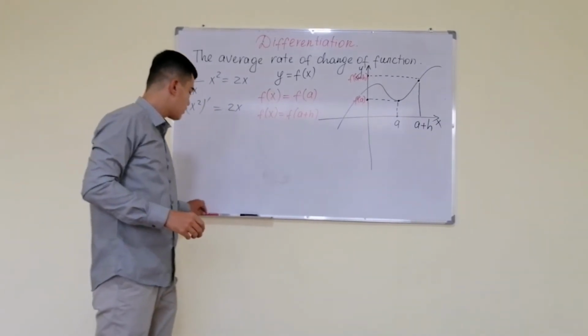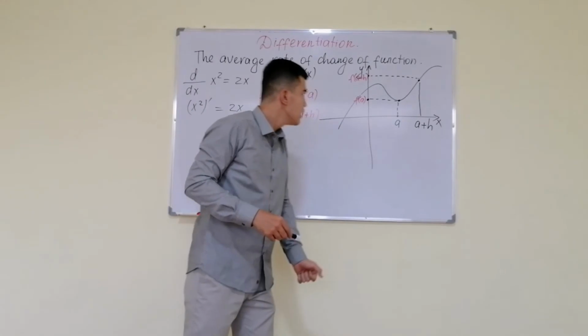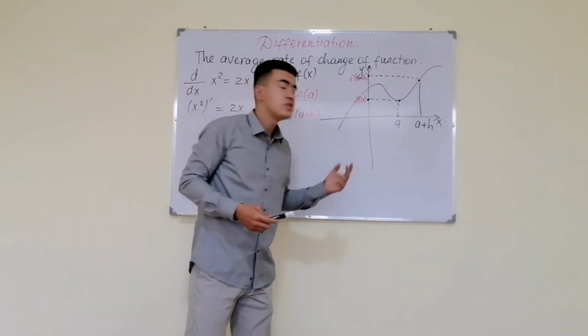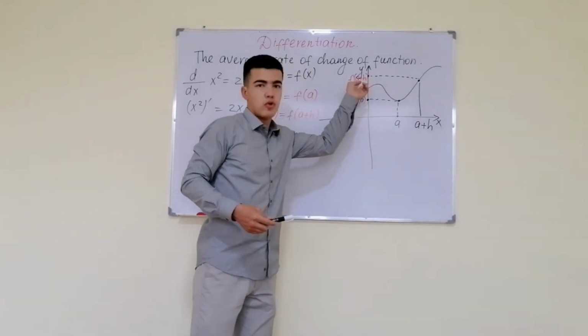And now let's find and understand the average rate of change of a function. Now we have to find the distance between these 2 points and between these 2 points, right?